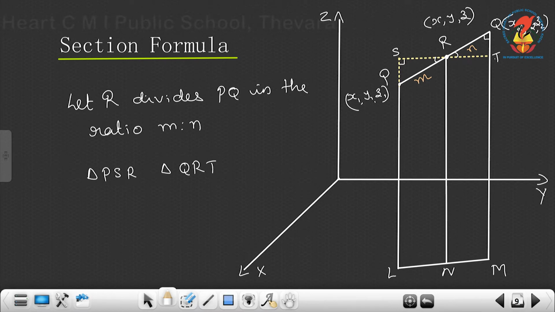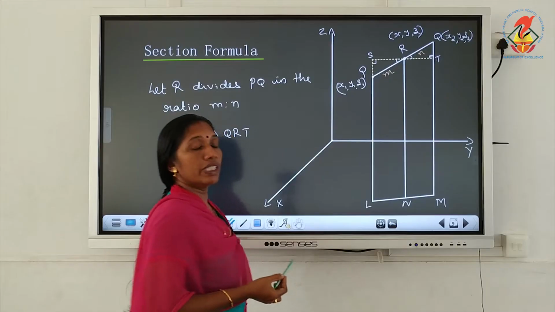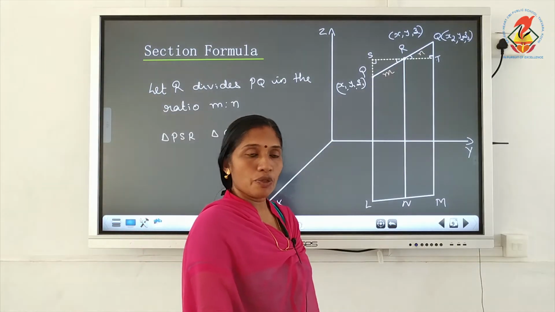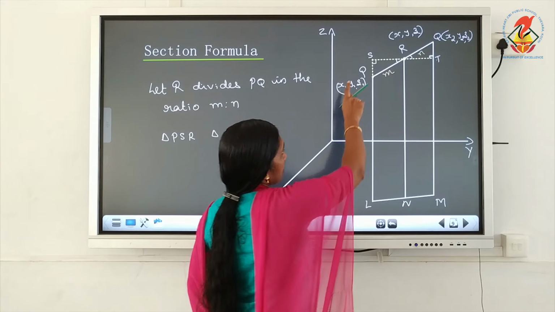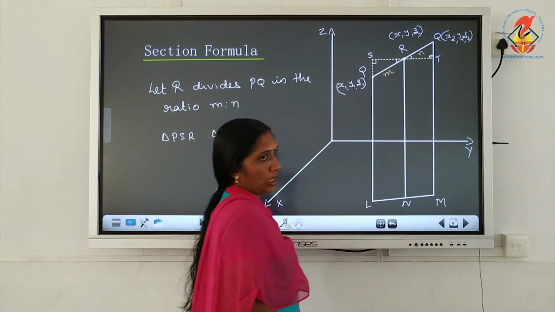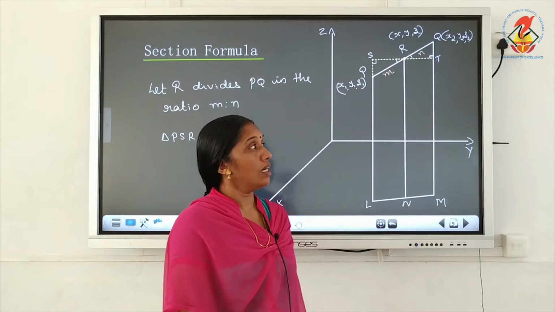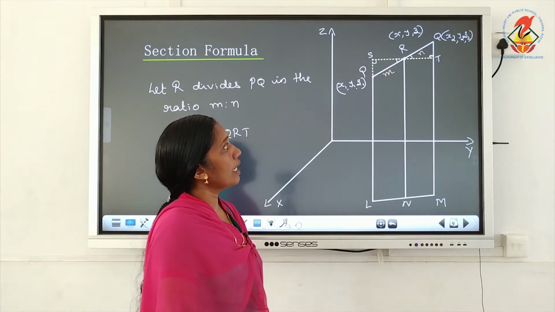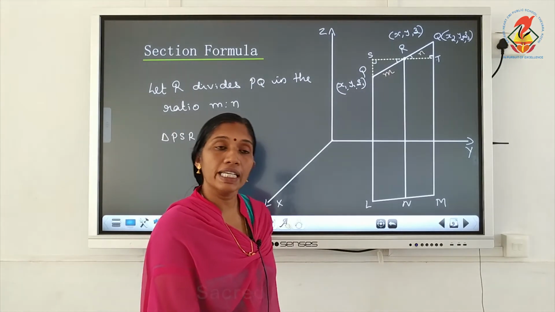Angle S is 90, and angle T is 90. Now angle SRP and angle QRT are vertically opposite angles, so they are equal, and angle S and angle T are also equal. That is, two angles of triangle PSR and triangle QTR are equal.